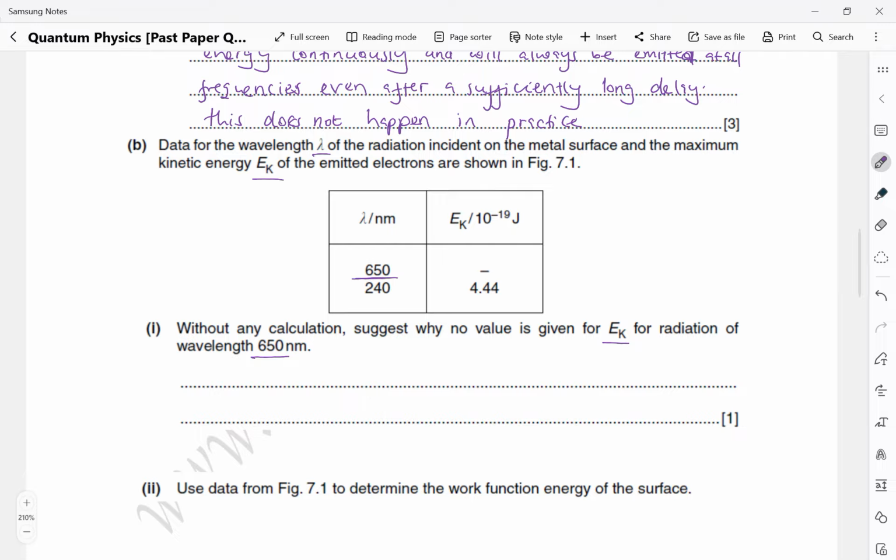Maybe this wavelength is above the threshold, because remember there is a maximum wavelength above which no photoelectric emission occurs. Therefore, we cannot talk about kinetic energy when electrons have not been ejected.